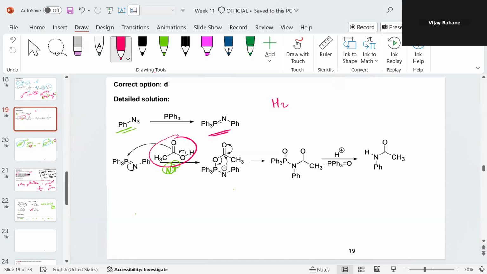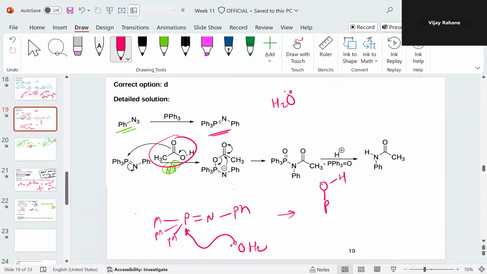So the water will attack on the phosphorus, and we have the three phenyl rings on the phosphorus that will remain the same. The lone pair of water attacks on the phosphorus, and the reaction gets quenched in this form. So this will be the H, and the Ph will remain there as it is.